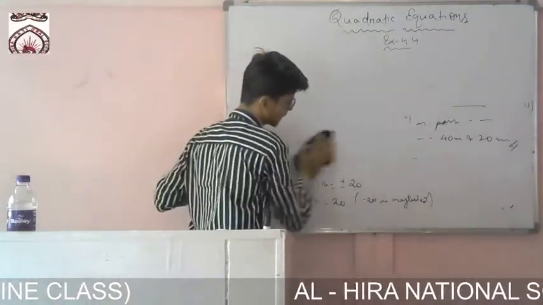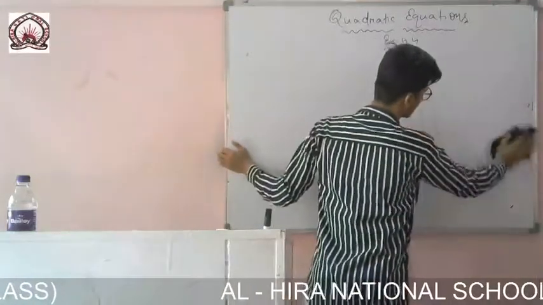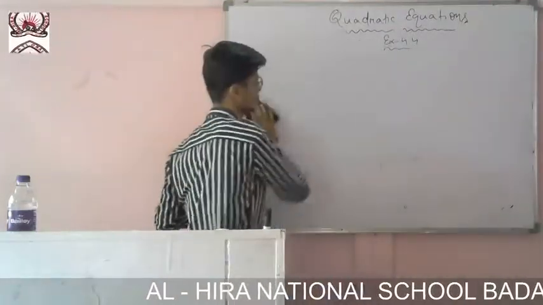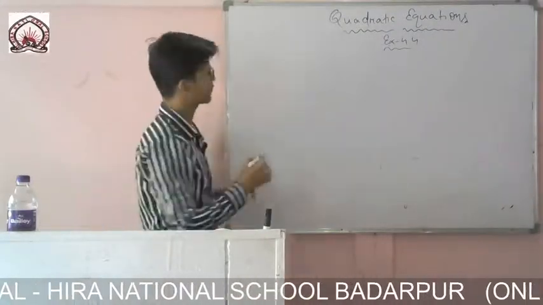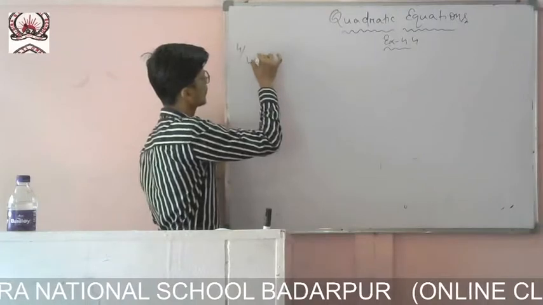Here in the previous question everything came out directly, since the length and breadth exist, that means it is possible. But now here first of all we will try to find, then I will go on solving.